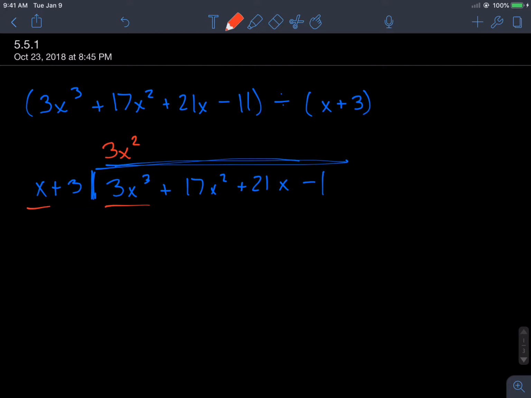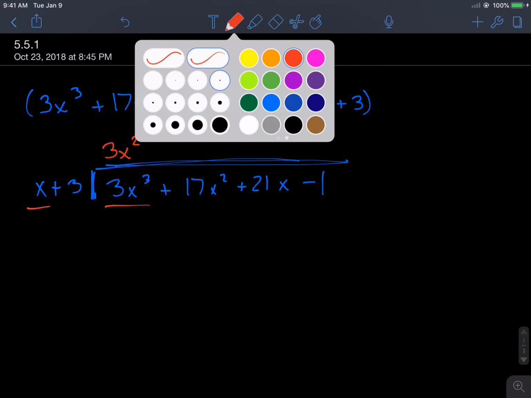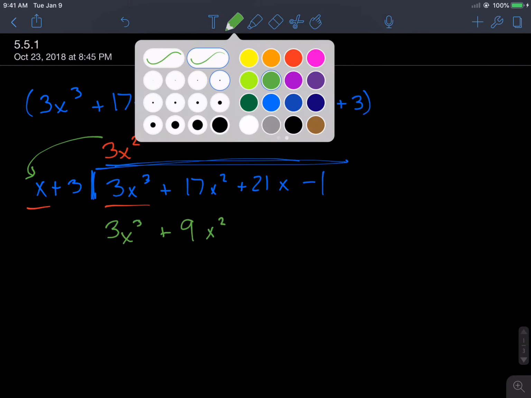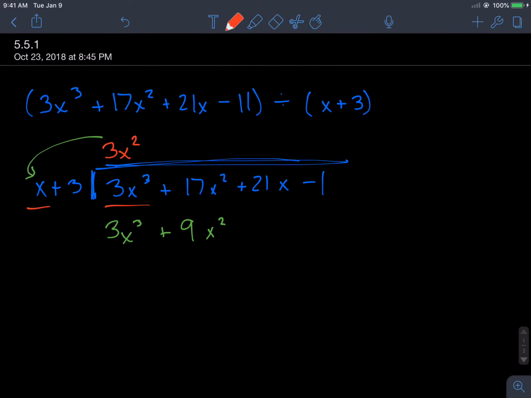Okay. So then we take that and multiply 3x squared times x plus 3. So 3x squared times x plus 3 is 3x cubed plus 9x squared. All right? And then if you remember with long division, we take that and subtract it.